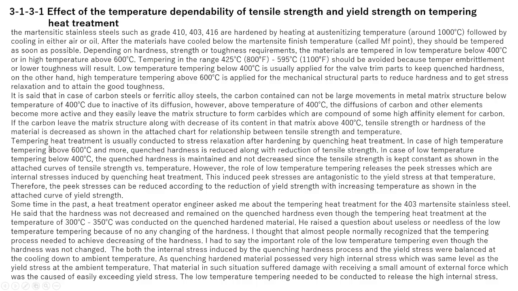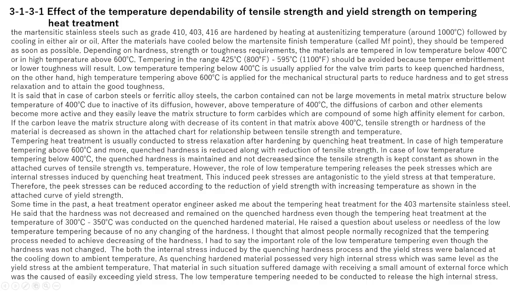So tempering heat treatment is usually conducted for stress relaxation after hardening by quenching. In the case of high temperature tempering above 600 degrees Celsius and more, the quenched hardness is reduced along with reduction of tensile strength.